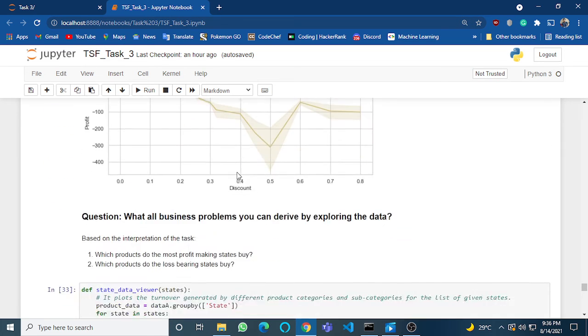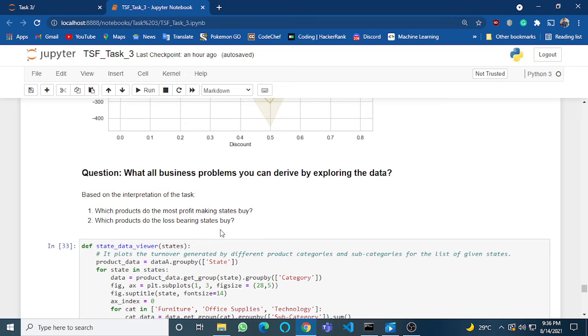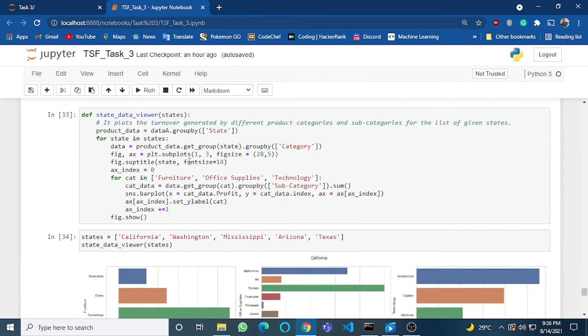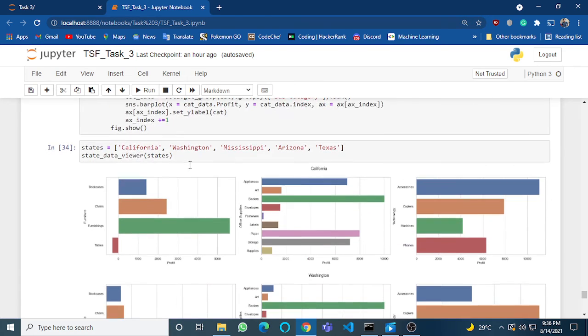Also, one more answer I can give for this question is, based on our next visualizations, that is the states visualization.